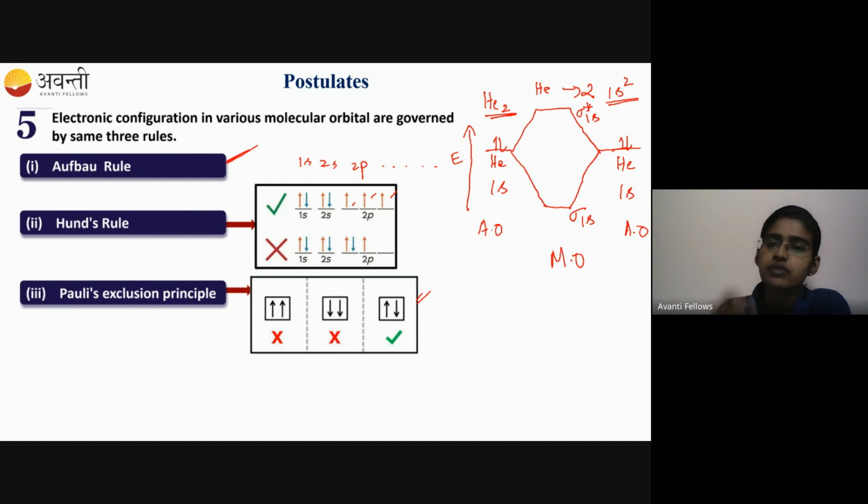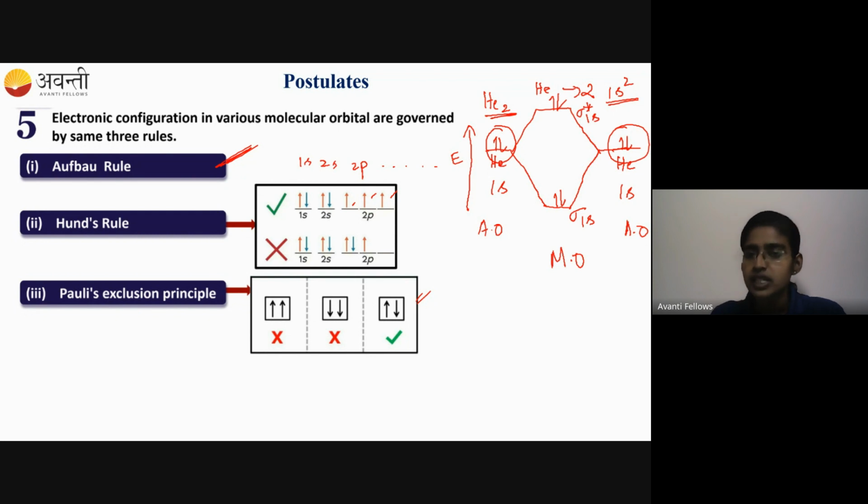Now I have to fill up the electrons. 2 plus 2, 4 electrons I have. So go from the lower energy because we have to follow Aufbau rule, right? So 1, 2, 3 and 4. Okay. So this is how we have to fill up the electrons and this is the representation of the molecular orbital energy level diagram for helium.